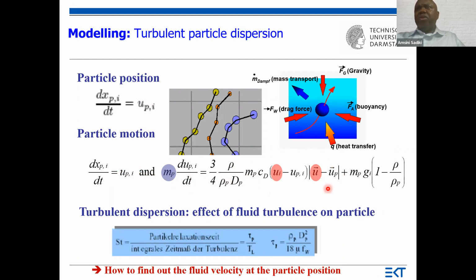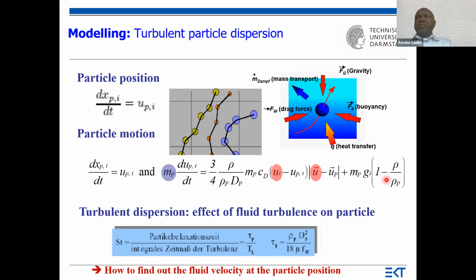And we have our force, the drag coefficient, and here the buoyancy effect. This term could also be neglected, but we put it, it is normally very small, and that is why we consider only two forces.